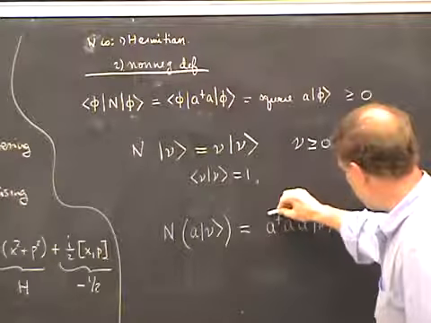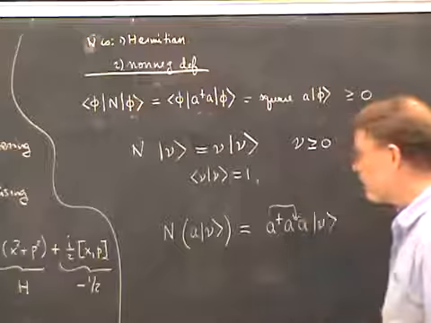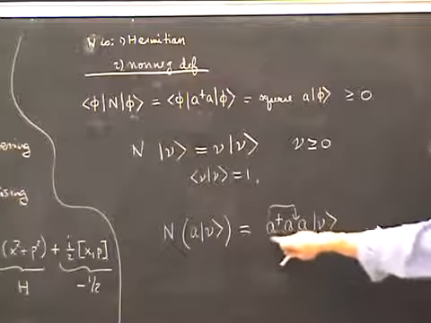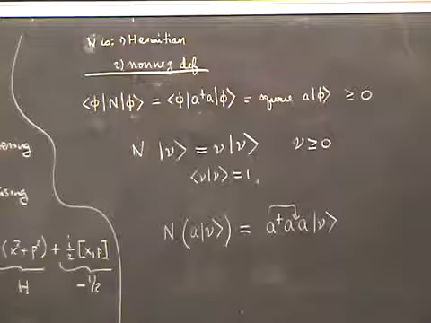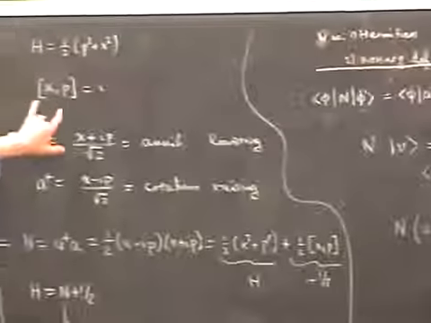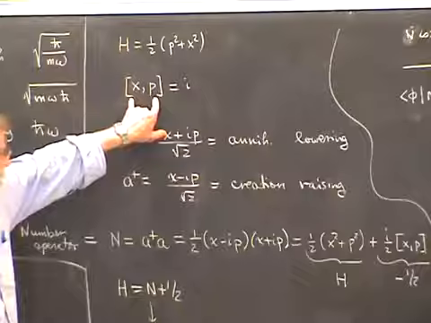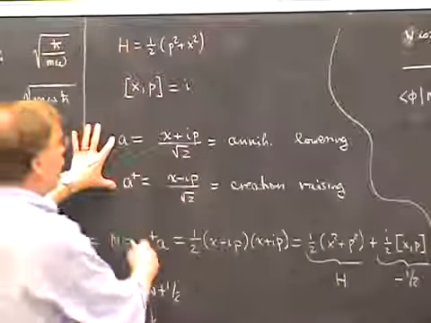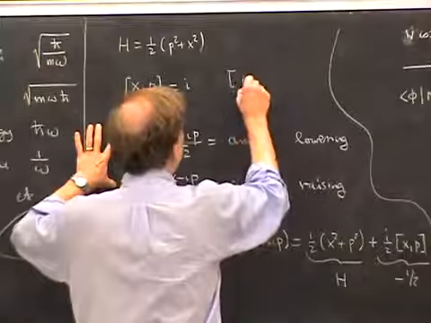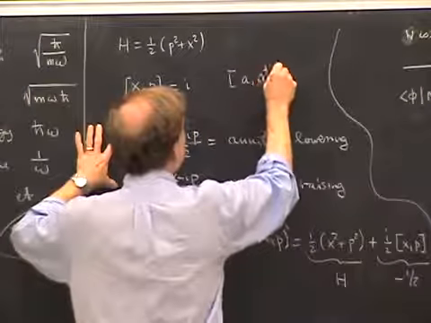Now, allow me to move the A dagger past the A, for which I need commutation relations between A and A dagger, which I meant to mention before, but I'll do it here. From the commutation relations between X and P, it's straightforward to work out those between A and A dagger. You find that the commutator of A with A dagger is equal to 1.